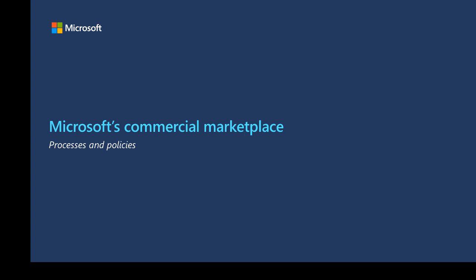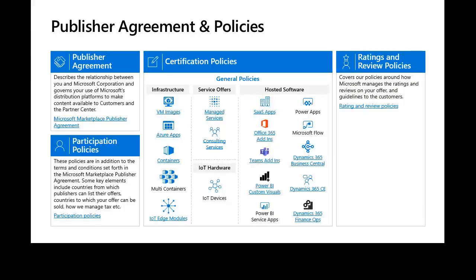In this section, we'll cover how we enable the operations for all of your offers. The first and foremost is the publisher agreement. The publisher agreement describes the relationship between you and Microsoft and also governs your use of Marketplace to publish your offers to the customers.